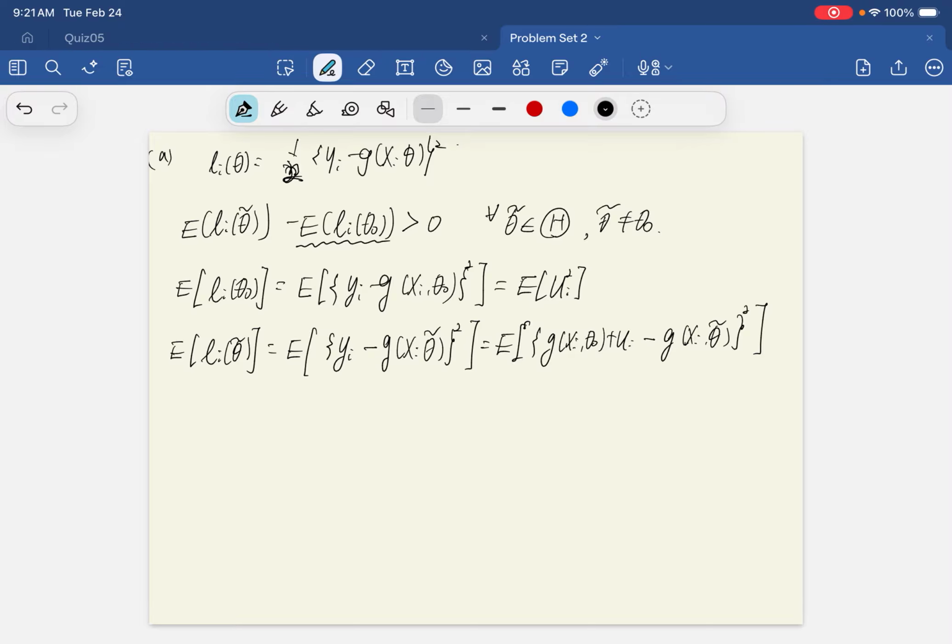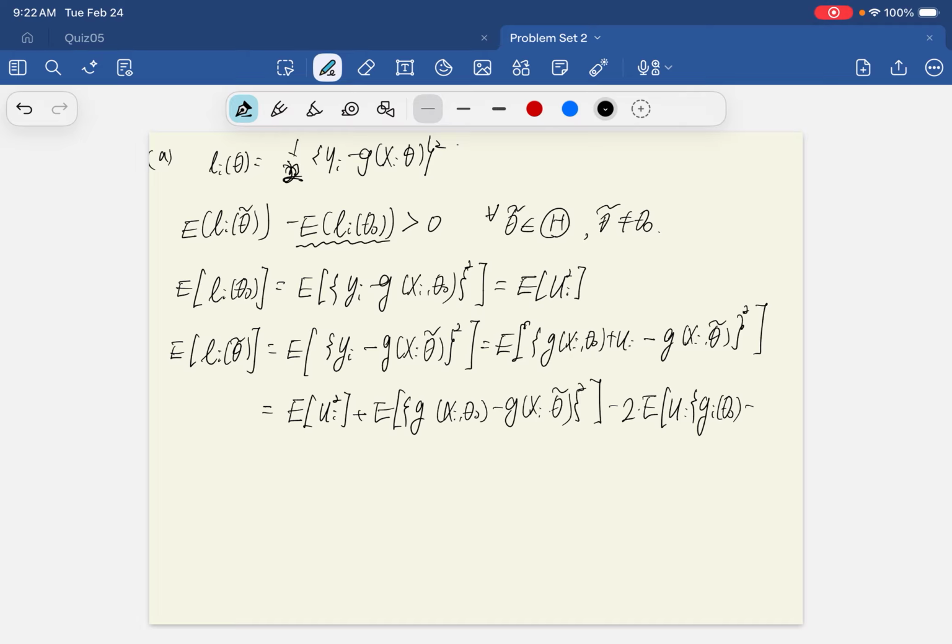So that's what we get, and then just expand the square term: the expectation of ui squared, plus the expectation of (g(xi, theta 0) minus g(xi, theta tilde)) squared, minus 2 times the expectation of ui (gi(theta 0) minus gi(theta tilde)), right? So it's an expansion.